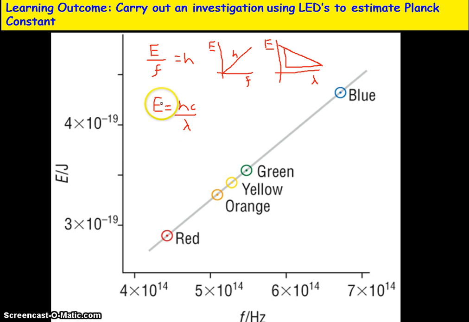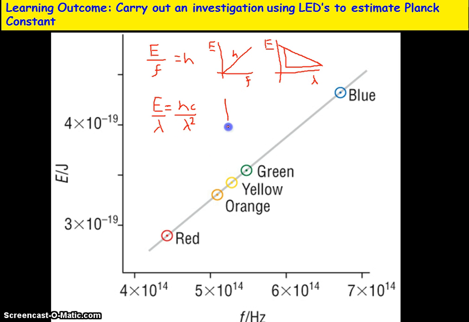If you plot a graph of E against lambda, you get your inversely proportional relationship. And so if I divided this side by lambda, I would have a gradient that would be equal to hc divided by lambda squared.